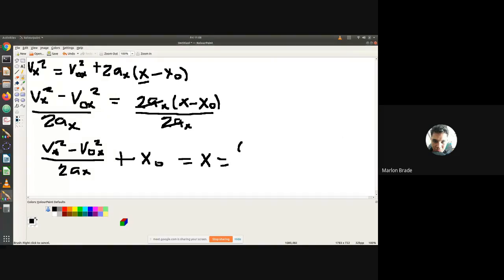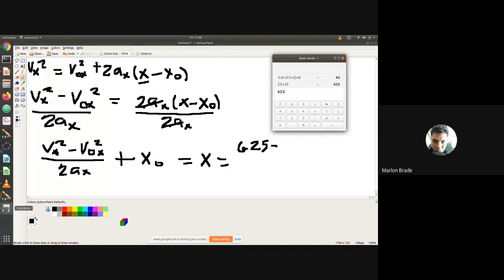So naka 625. Ang v naught x mo is 15. 15 times 15 is pila na siya? 225.